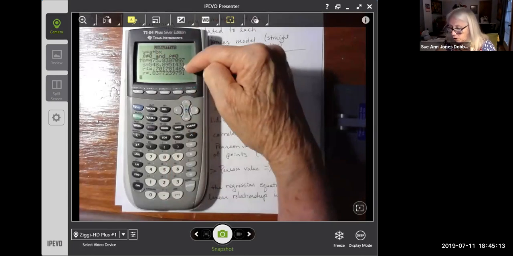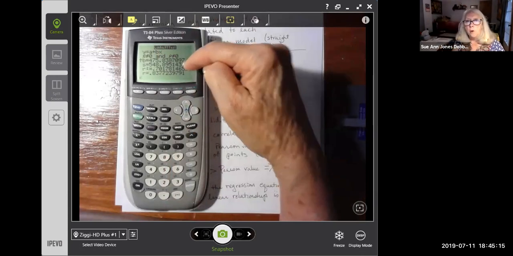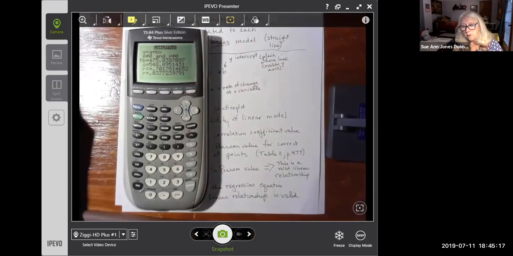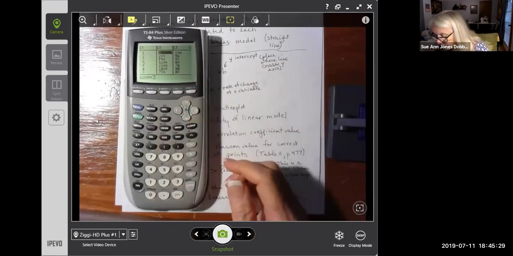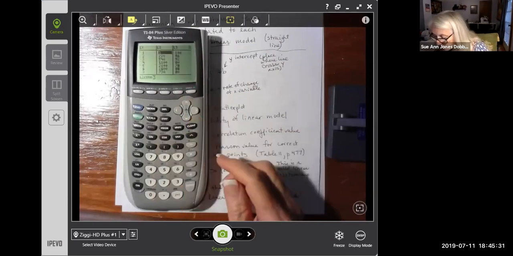R is your linear correlation value. So I don't know what I screwed up here in my typing, but I must have screwed up something.